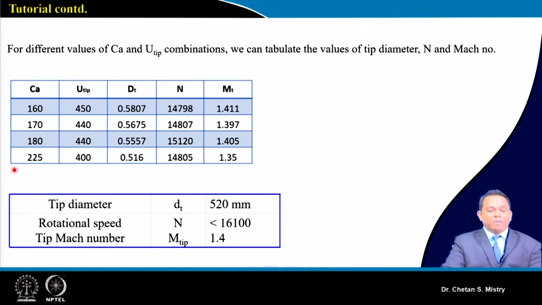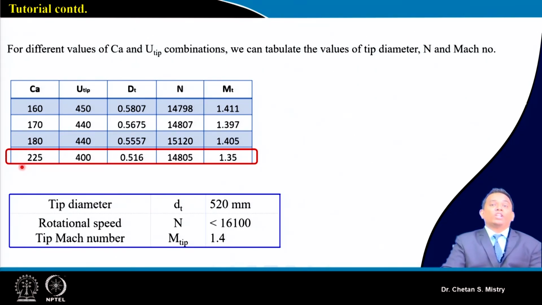But at the same time, we are constrained with our diameter. We are looking for a diameter in the range of, say, 520 mm. So that's the reason why we are selecting our axial velocity to be 225 meter per second. Let's assume peripheral speed to be 400. That gives my tip diameter of 0.516.